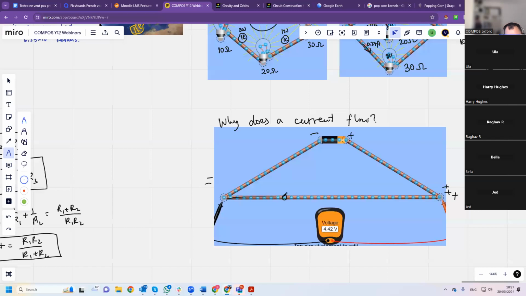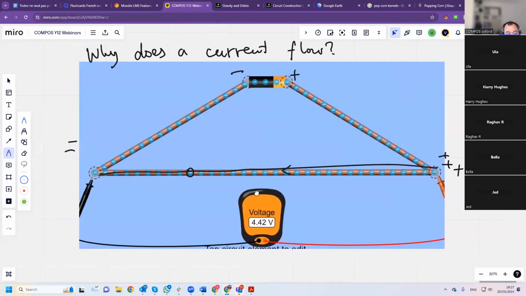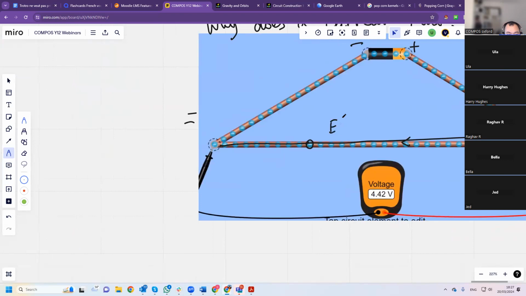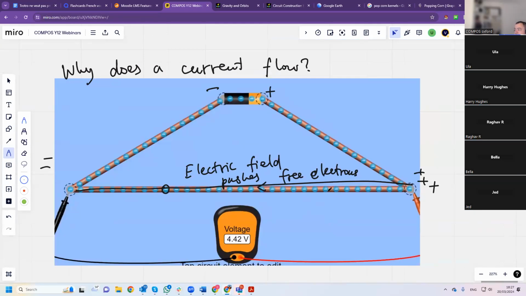There's an electric field inside the conductor, and it goes from plus to minus. And this electric field pushes the free electrons. So it's not the battery. The battery doesn't push them.